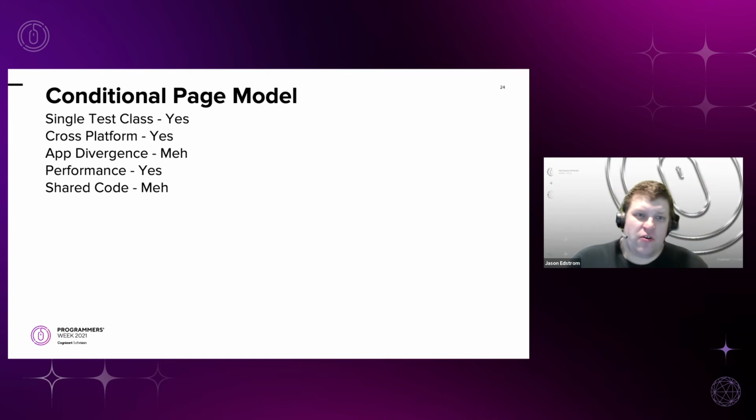So when we break down the conditional page model, we get our single test class, which is a good movement in the right direction. Due to the fact that we now have a run configuration that can dictate the conditional process inside the page object models, we get our cross-platform approach, which is fantastic.